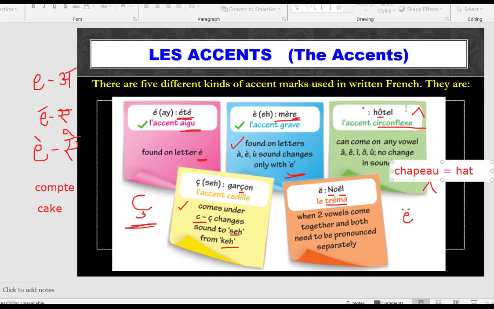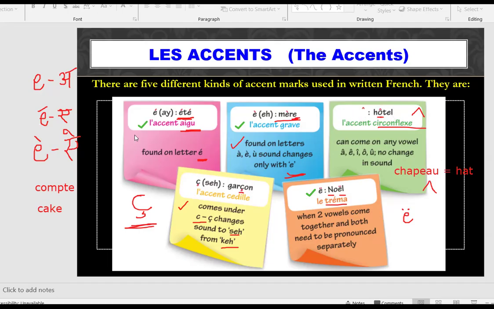Okay, any other doubts? For trema, do we just use it on E or on any vowel? No, on E, it is given on E. You will find very few words with trema, maybe 5-10%.